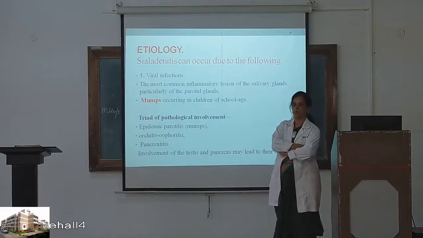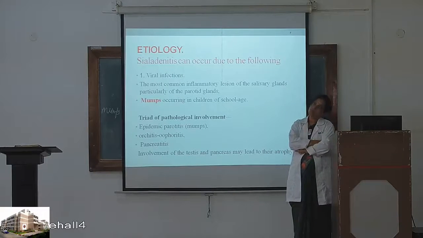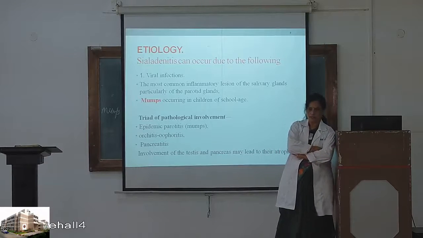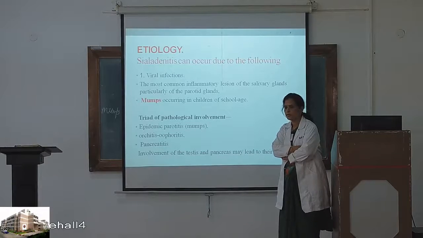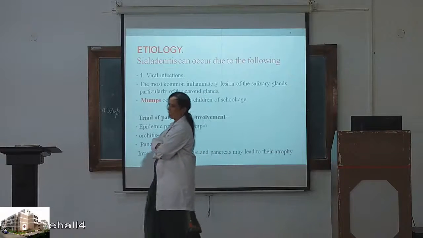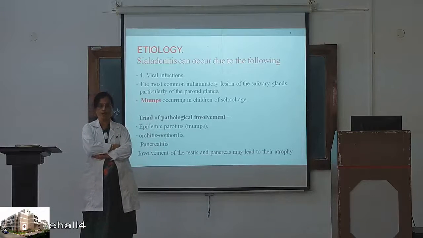That's how people are scared. So why now we don't see this quite often? Mumps is a preventable viral infection. So how is it prevented? All of you have received a vaccine which is called MMR. What does it stand for? Mumps, measles, rubella.